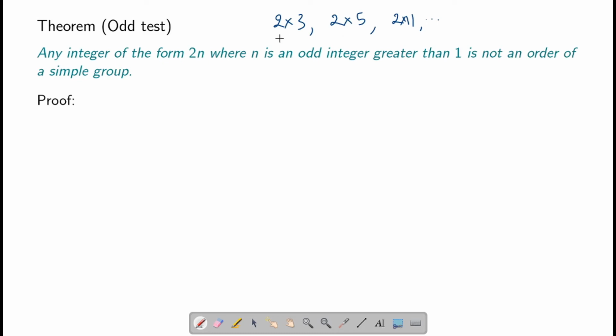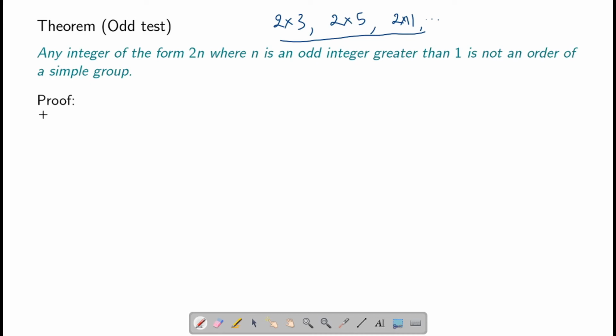It means all these groups will contain a proper normal subgroup. Okay, so we need to essentially show that any group of order 2n has a proper normal subgroup.